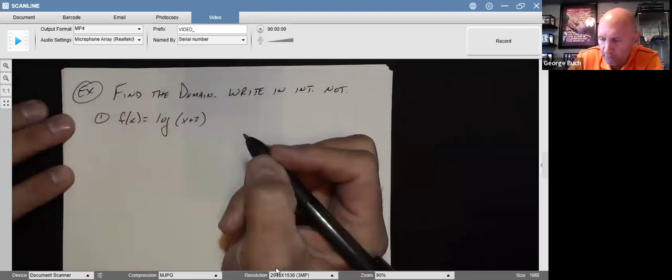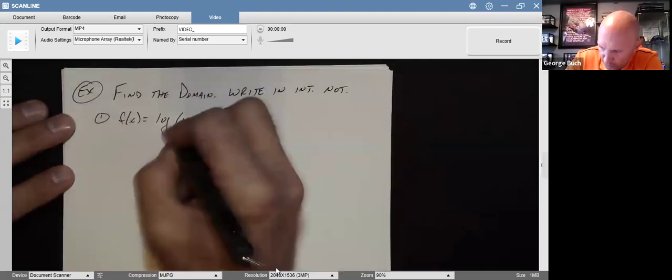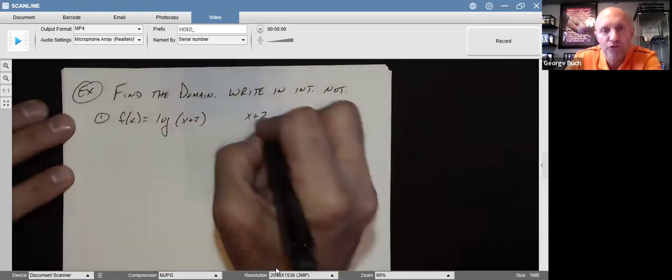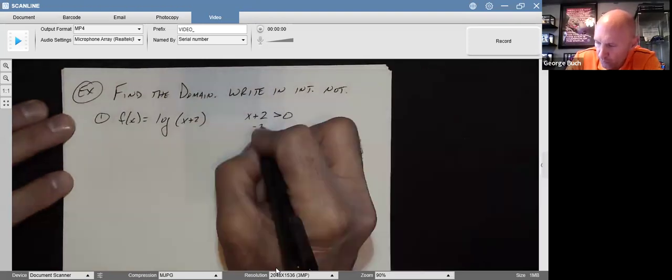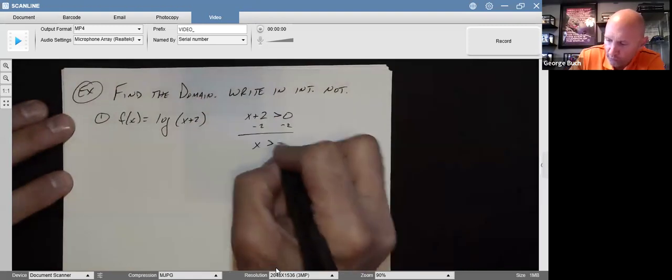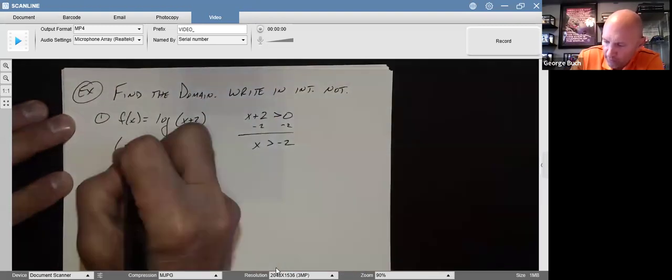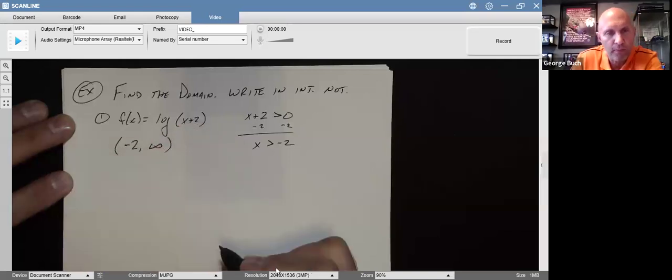All right, so to find domains of logs, we do what? We take this x plus 2 and make it greater than 0. So if I subtract 2, that means x is greater than -2. So in interval notation, that's -2 to infinity with parentheses on both.